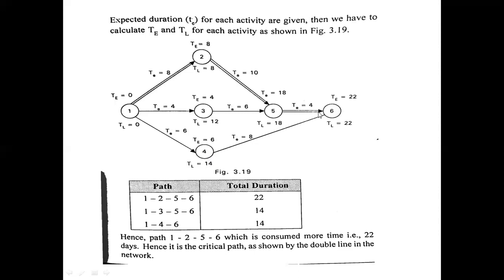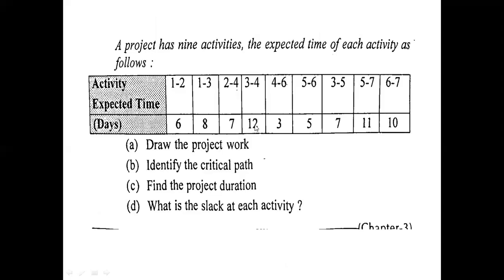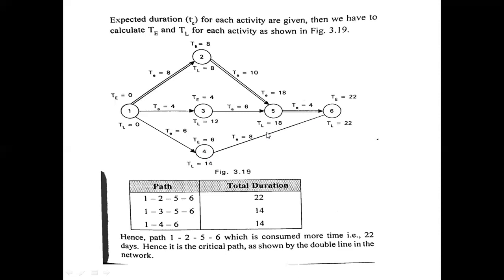Again, the last event has two pre-events, 5 and 4. Here 18 plus 4 is 22, and 6 plus 8 is 14. Out of these, 22 is the highest. So 22 is considered the earliest finish time of the last event.